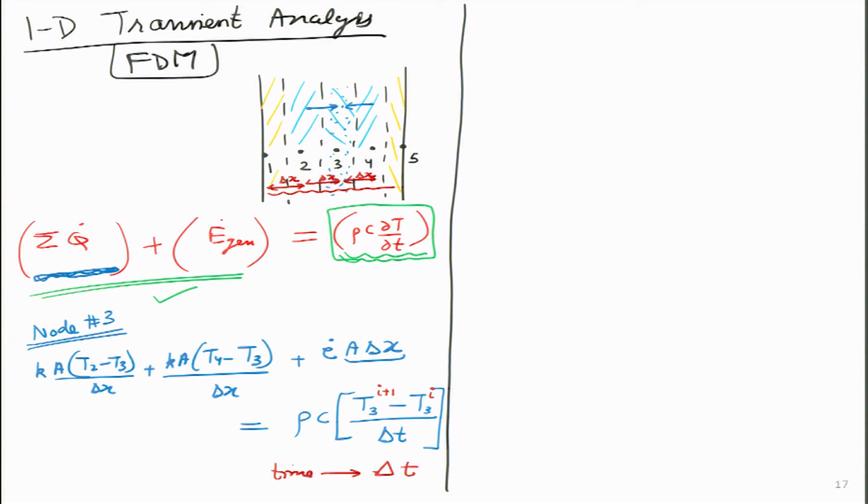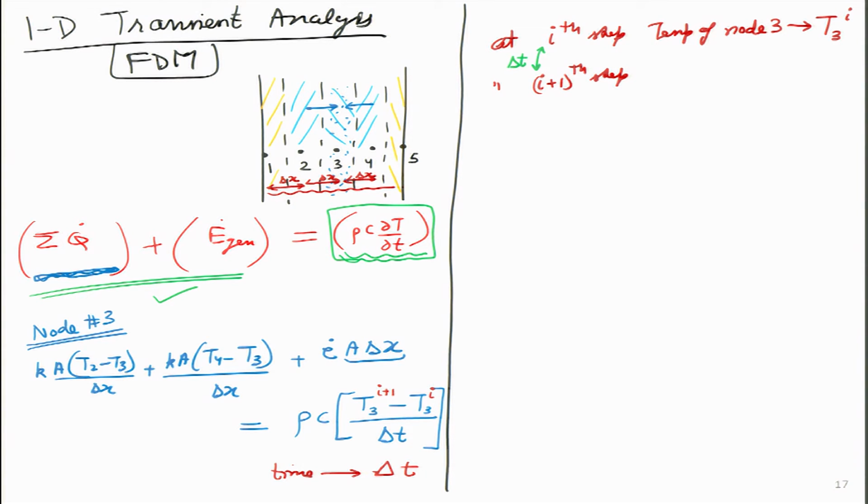So, at ith step, temperature of node 3 is T3I, then at I plus 1th step, and the difference between these two I and I plus 1 is exactly equal to delta t.